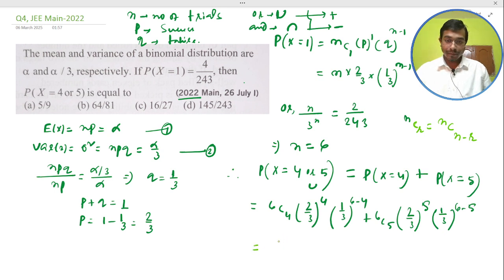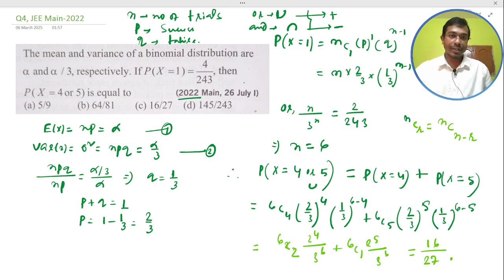So it will become 6C2 into 2 to the power 4 by 3 to the power 6 plus 6C1 into 2 to the power 5 by 3 to the power 6. Just calculate. You would get on the calculator 16 by 27. Option C is the correct answer.